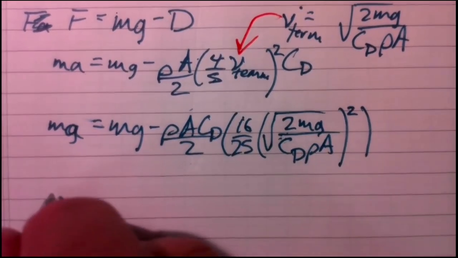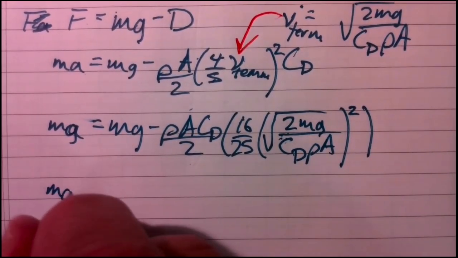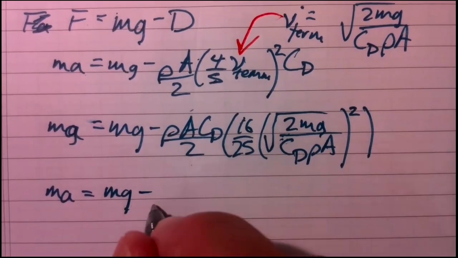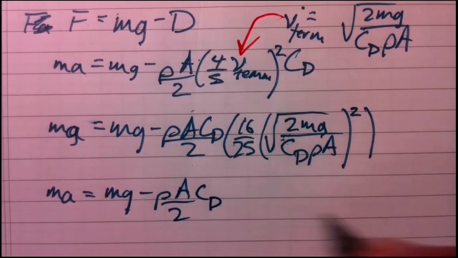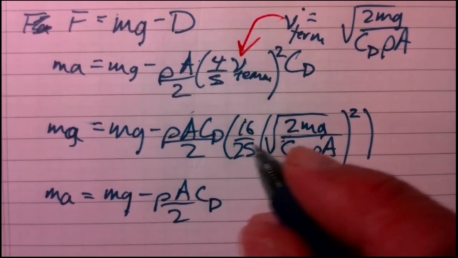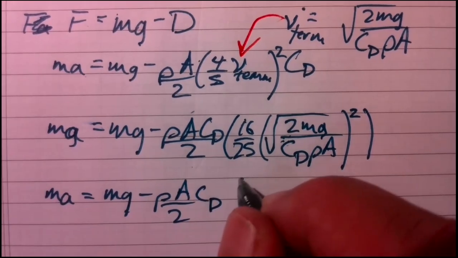Down here I'm going to bring everything down. So m times a equals m times g minus rho a over 2 times CD. Now I'm going to bring out my 16/25 and move that to the end.